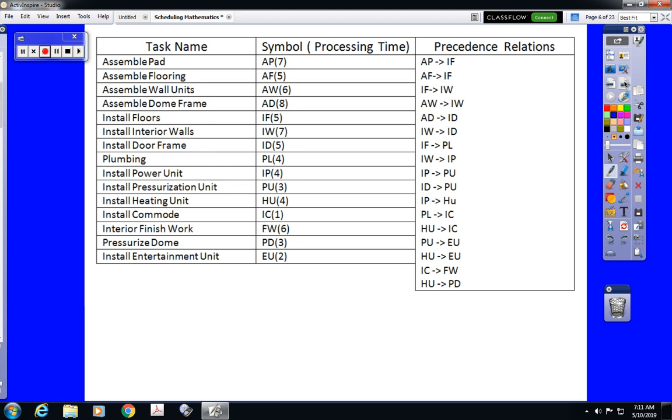All right, so the reason that you need to have this information right away is this information actually tells you, when you're actually starting the schedule, which tasks are ready and which tasks are ineligible.